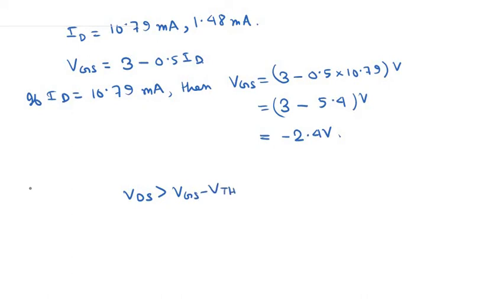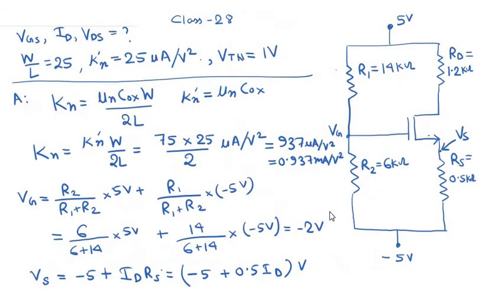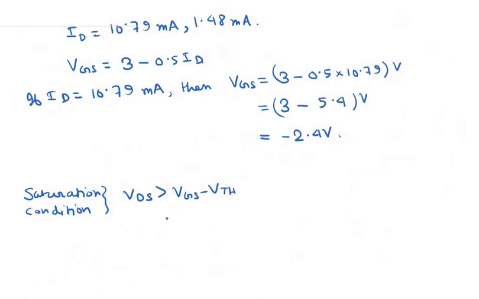So from this figure, VDS is basically equal to 5 volts minus the voltage drop across this resistor RD, so 5 volts minus IDRD, and RD is equal to 1.2 kilo ohms.